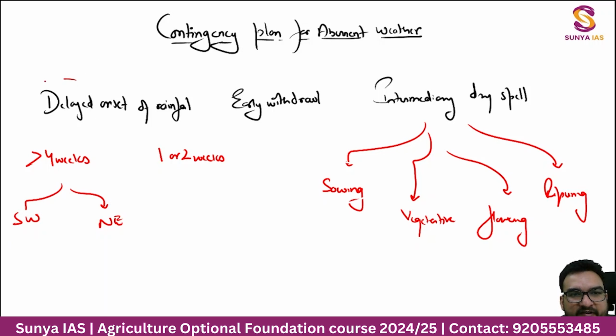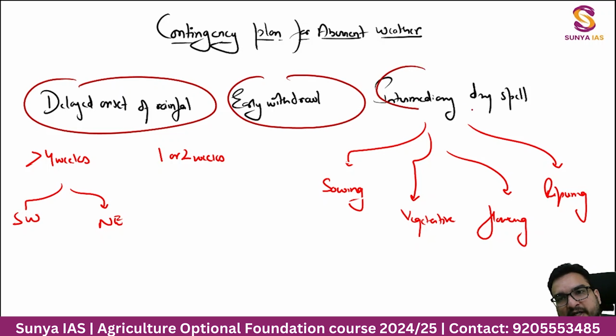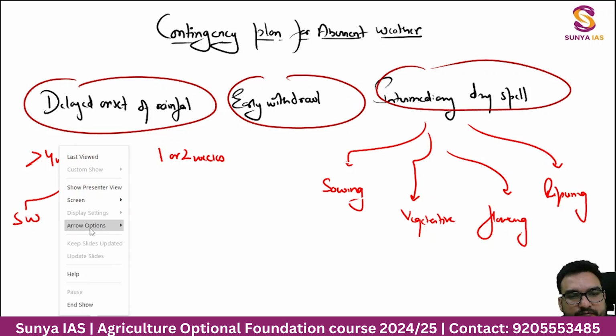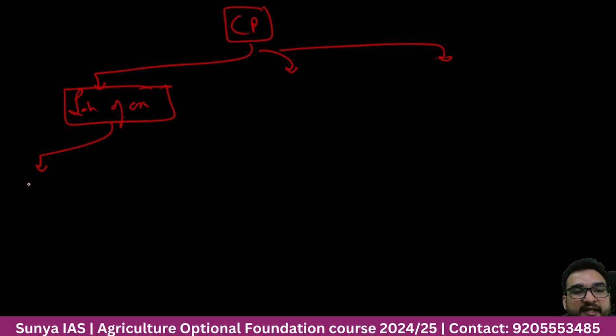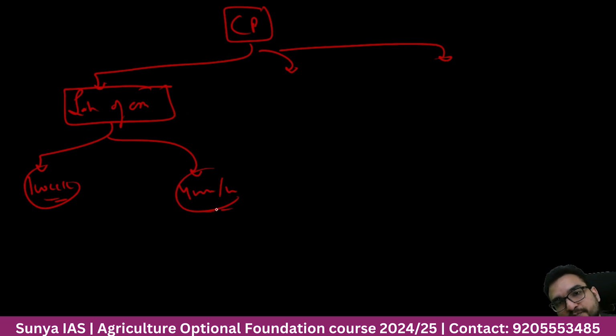Now you can write everything: delayed onset, early withdrawal, intermediary dry spell, right? Again, I'll tell you the contingency plan for dryland farming areas. In the contingency plan, you have three conditions. One, late arrival of monsoon. You understood this. I'm getting a late monsoon arrival, and here two sub-conditions can arise: the monsoon is coming 1 week late, or the monsoon is late by 4 weeks or 1 month.